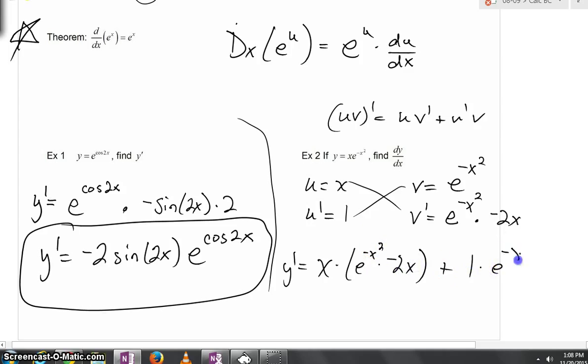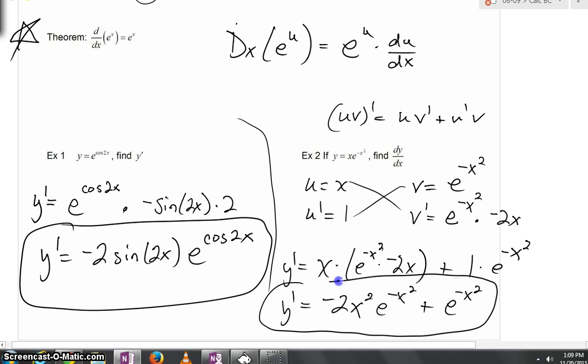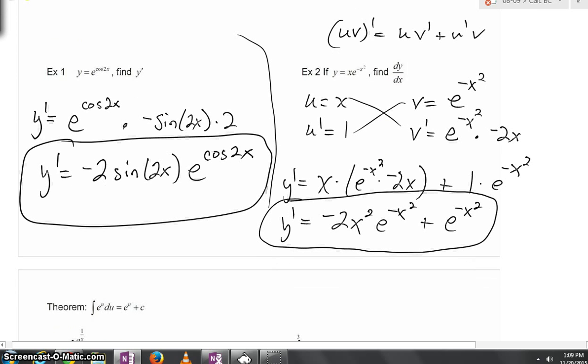And 1 times e to the negative x squared. Well, a negative 2x times an x is a negative 2x squared, e to the negative x squared. And then we just have plus e to the negative x squared at the end. Could you also factor out an e to the negative x squared? You could. Okay, we doing okay?